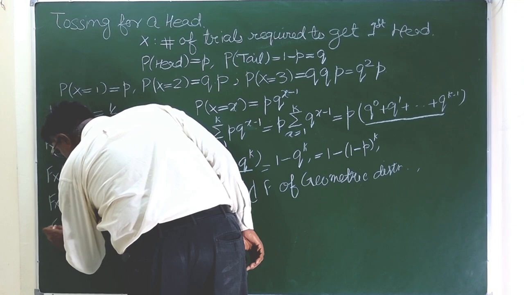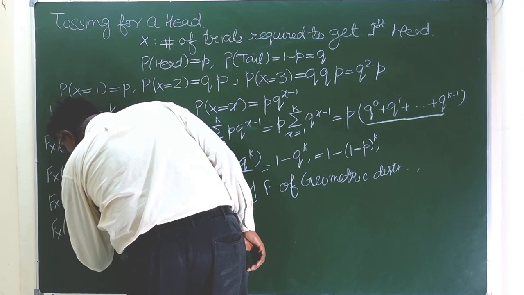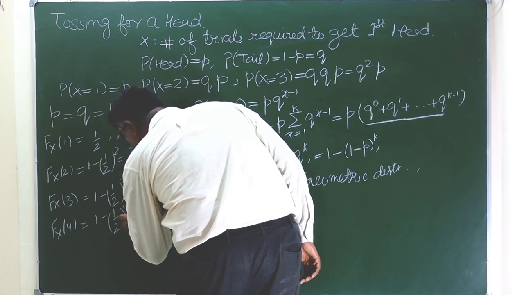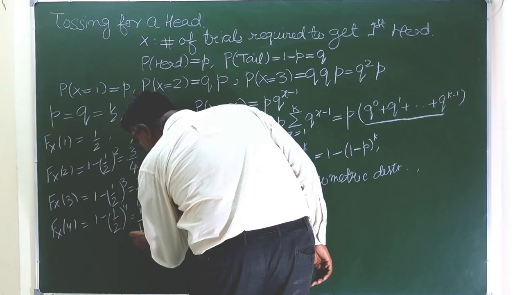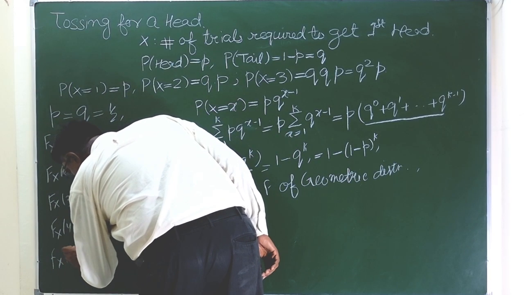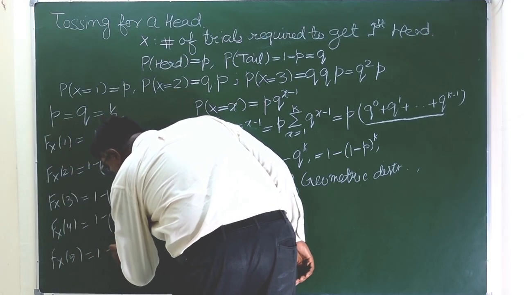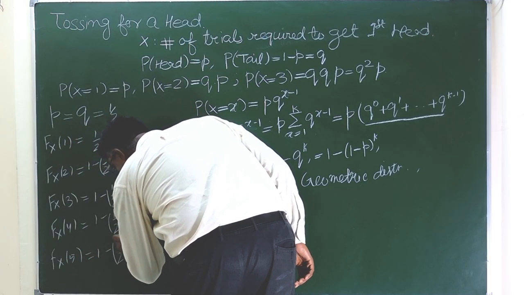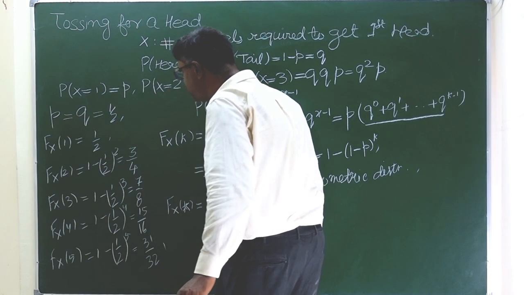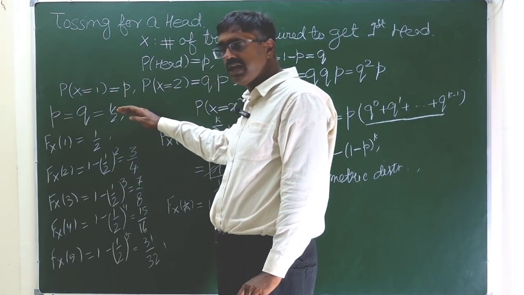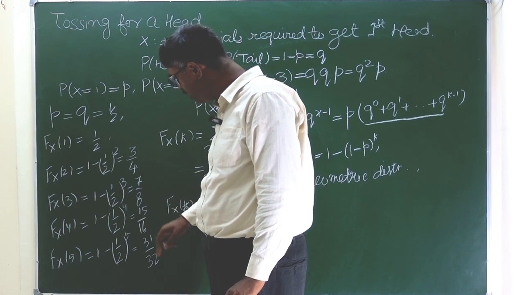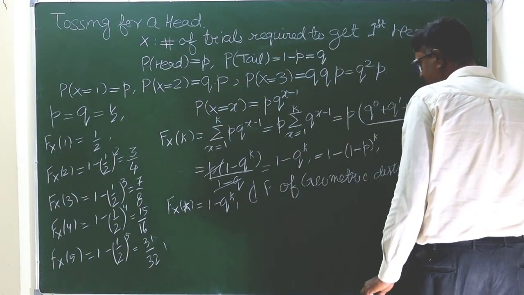And F of x at 4 will be 1 minus 1 upon 2 to the power 4, which will be 15 upon 16. And F of x at 5 will be 1 minus 1 upon 2 to the power 5, which will be 31 upon 32. So we see that F of x is increasing from the value 1 by 2 to 3 by 4, 7 by 8, 15 by 16 and 31 by 32.